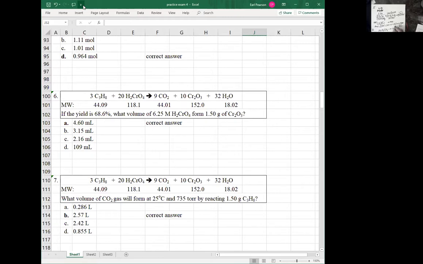And we want 1.5 grams of this. The equation is showing 10 times 152 grams of that. And it wants to know how much of this. It said volume. I'm going to first calculate moles, because volume times molarity is equal to moles. If I know the moles and the molarity, I'll get the volume. The equation is showing 20 moles.